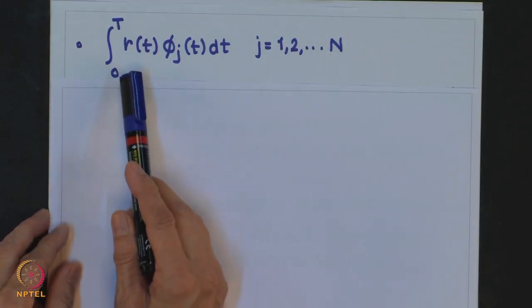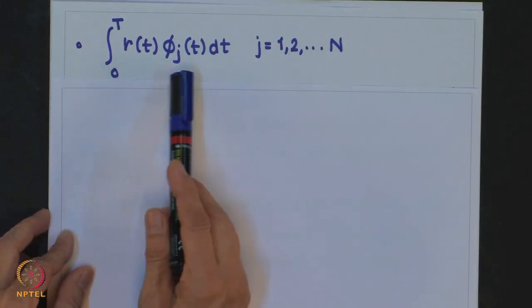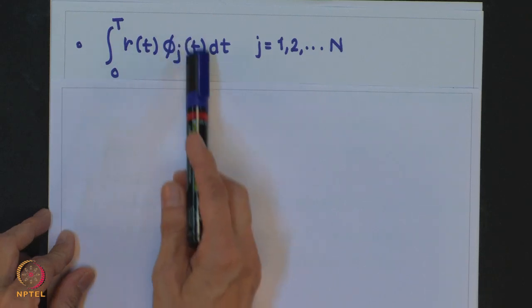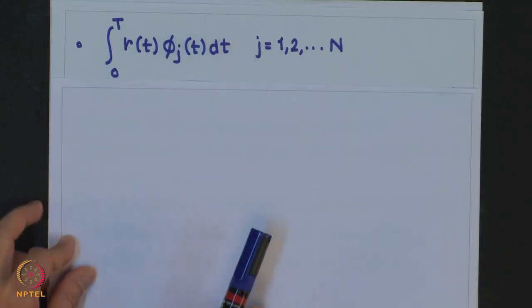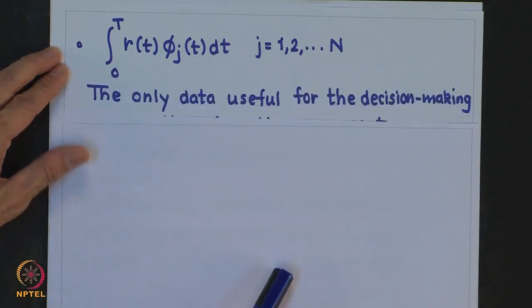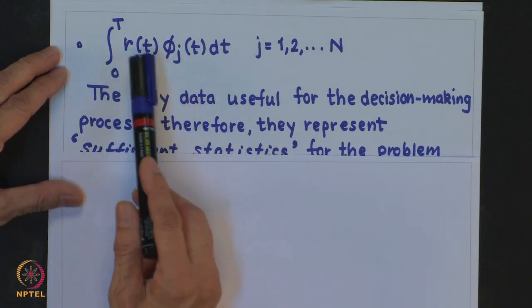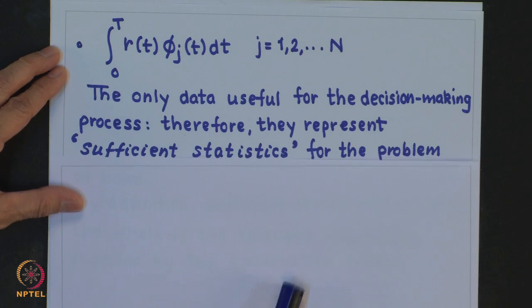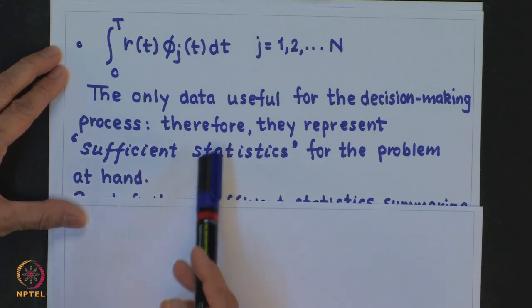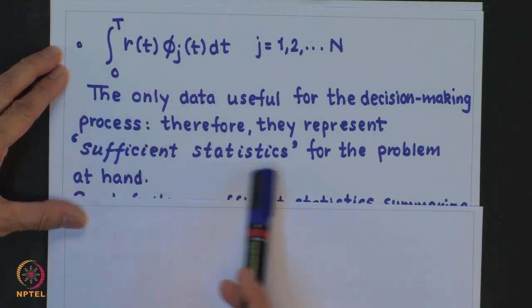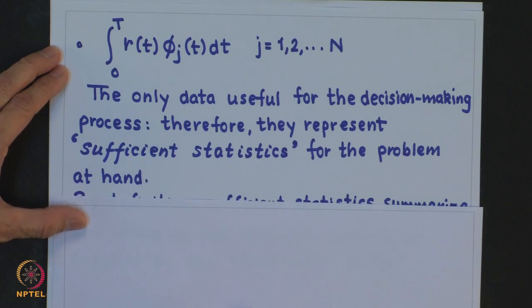Now, we know that when we get the received signal r(t), we take the projection of r(t) onto phi_j(t), where phi_j(t) represents the orthonormal basis set. We have also seen that the only data useful for making the decision is obtained by taking these projections, and this therefore represents sufficient statistics for the problem at hand.